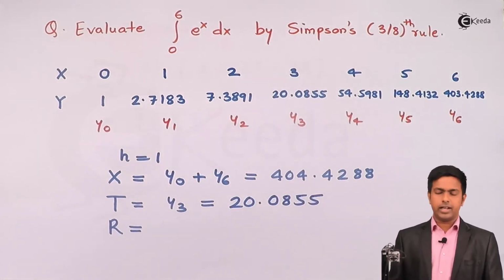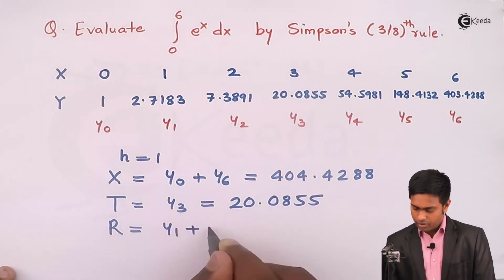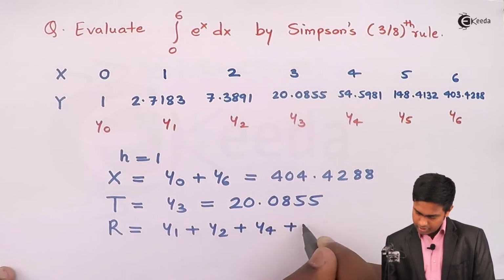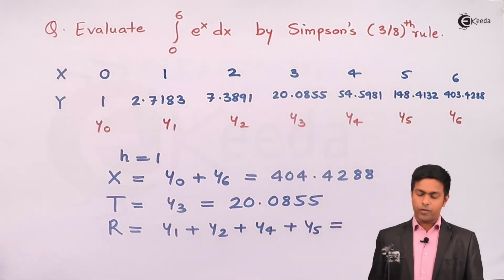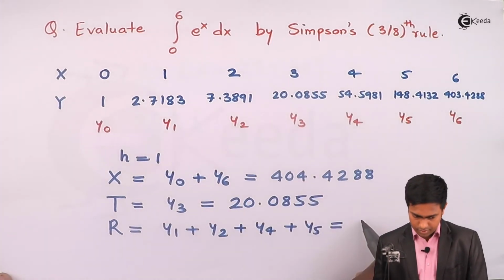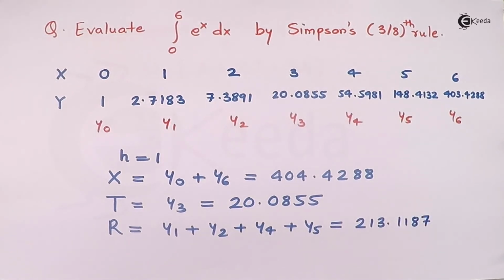After that, guys, we'll take the remaining ordinates: y1 plus y2 plus y4 plus y5. If you add all these values in the calculator, you will get 213.1187. So guys, here we got the values of X, T and R.